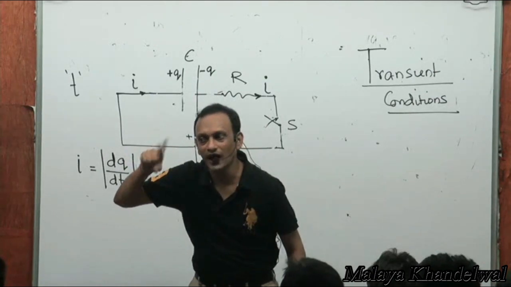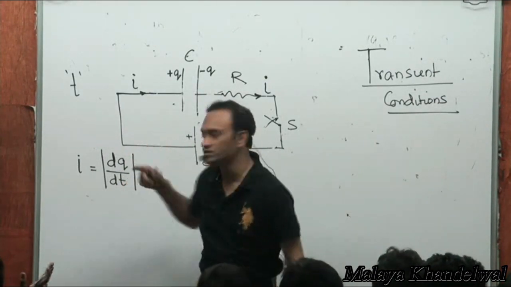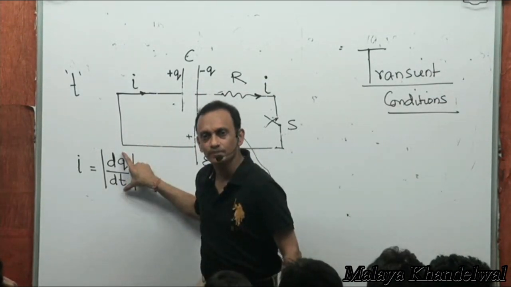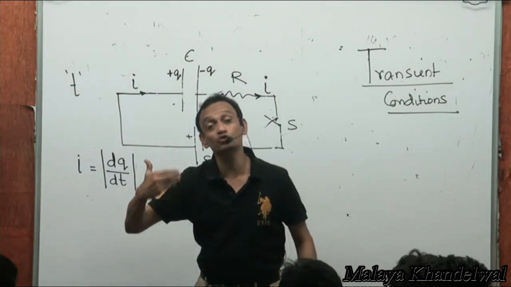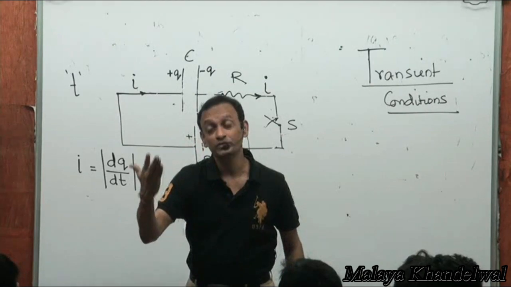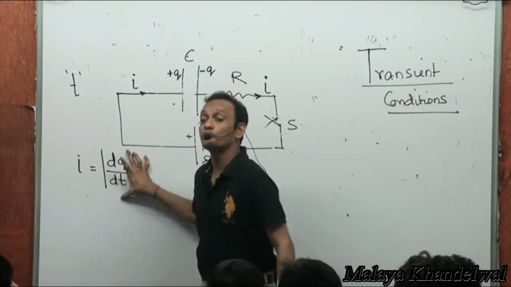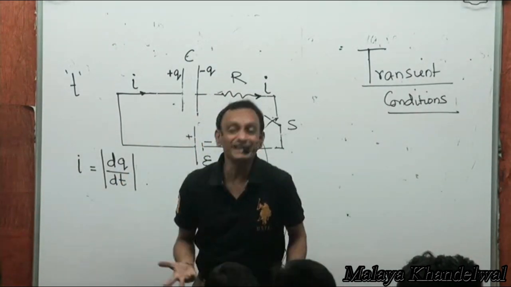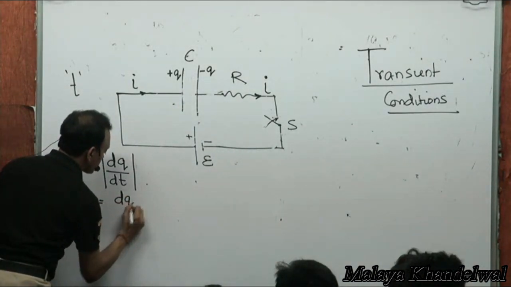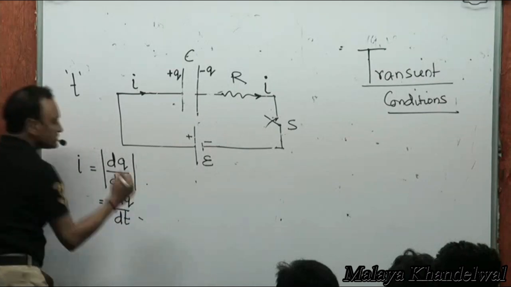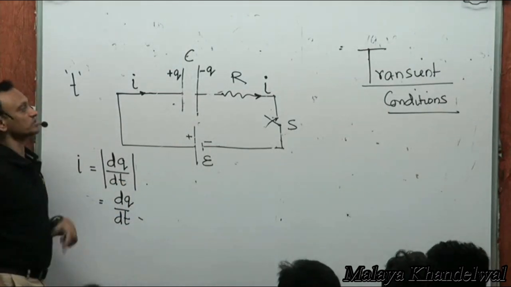Remember the class yesterday, increasing decreasing functions? And if dq dt is positive, mod of dq dt would simply be dq dt, because the quantity inside is positive.